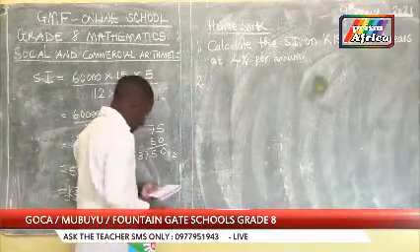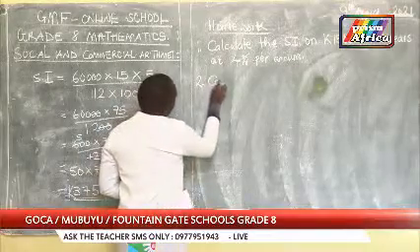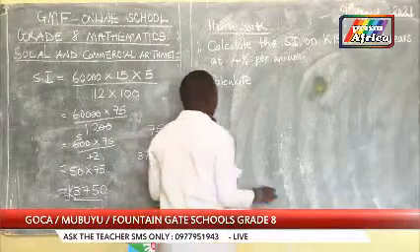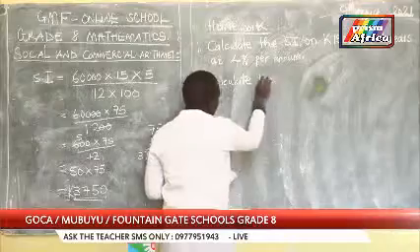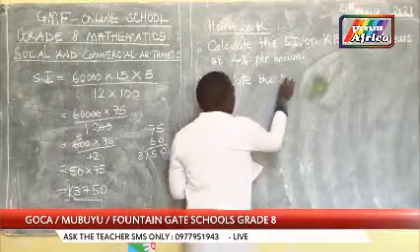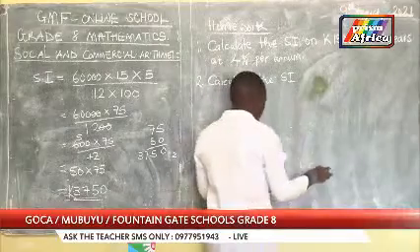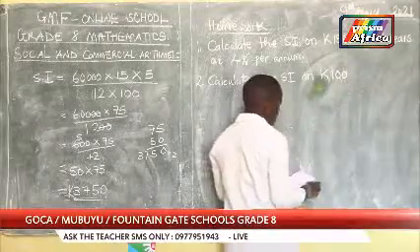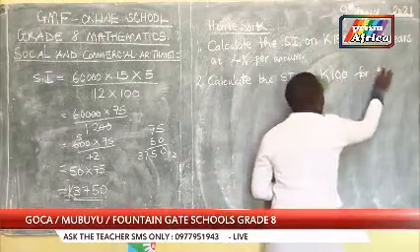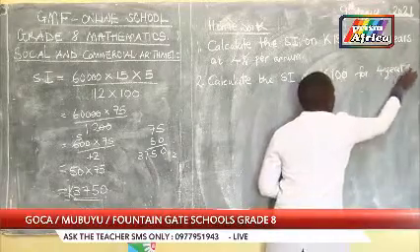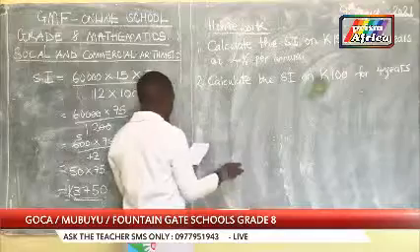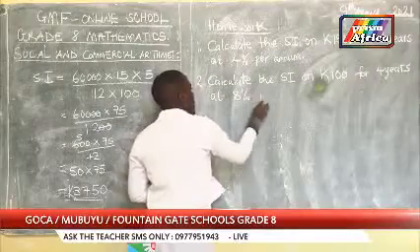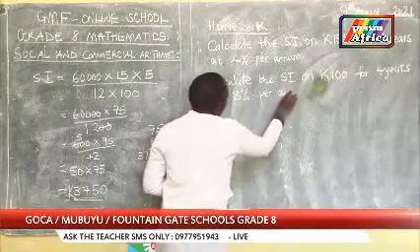Then the second question, calculate the simple interest on 100 kwacha for 4 years at 8% per annum.